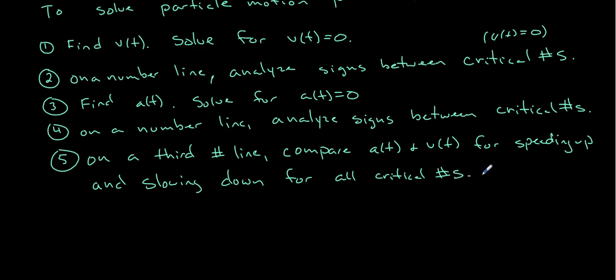That means the zeros you got for V of t and the zeros you got for A of t.